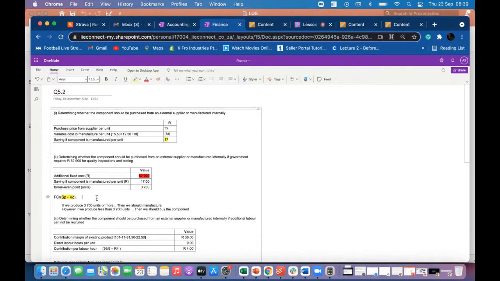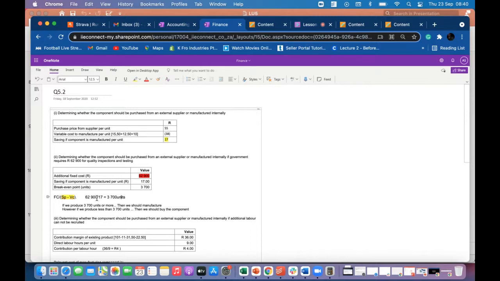It's the same as saying we know that we're having a cost saving of 17 Rand. So we say our fixed cost of 62,900, divided by that marginal income or cost saving of 17 Rand. Okay, and that's where they're then getting the 33,700 units.